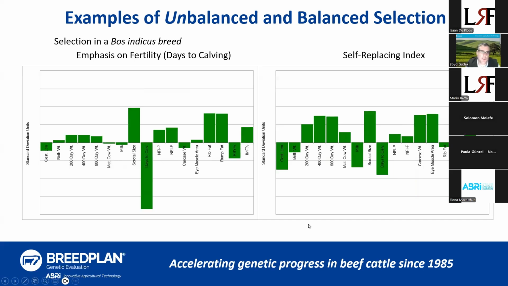Now, if I go on to a second example, this is a Bos indicus breed, again from Southern Africa. If they were to select purely for fertility, so days to calving in this example, that really pushes fat up. You're not getting much growth in it, and your net feed intake's also gone positive, which is undesirable.